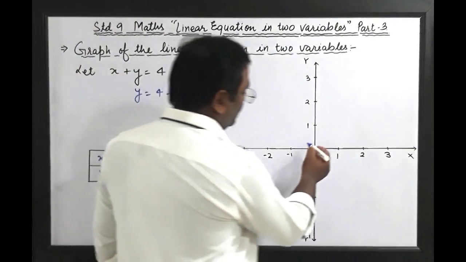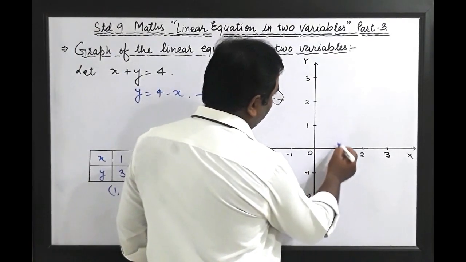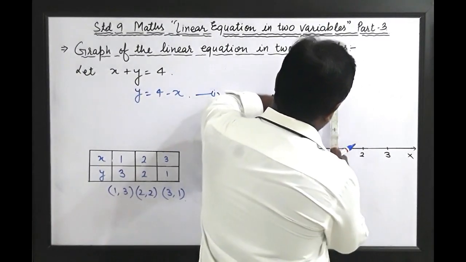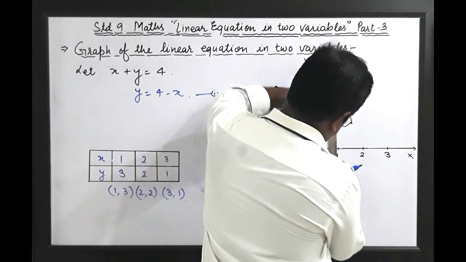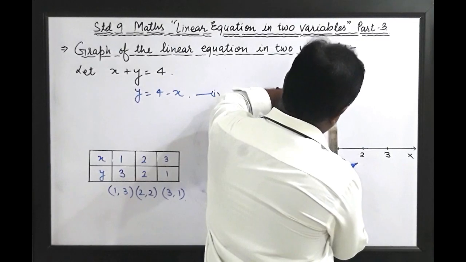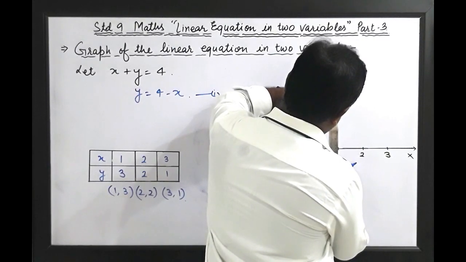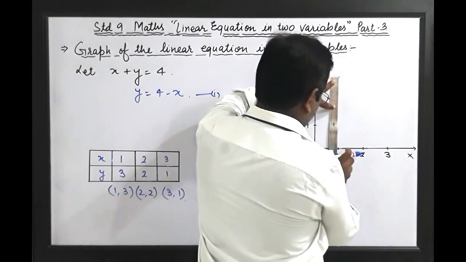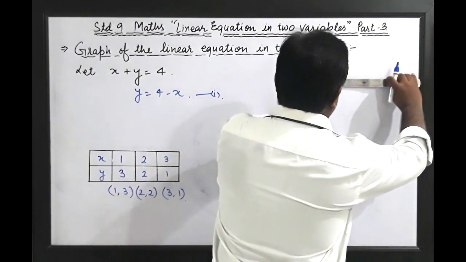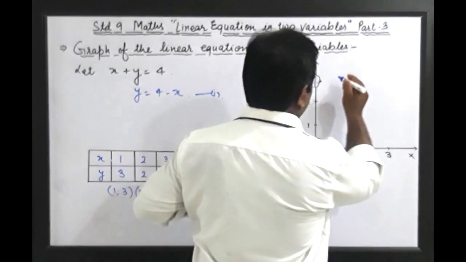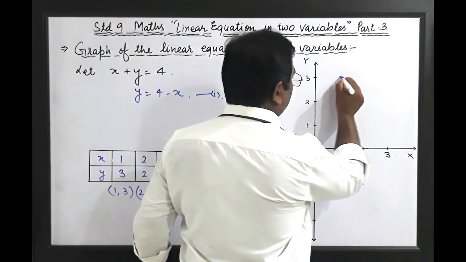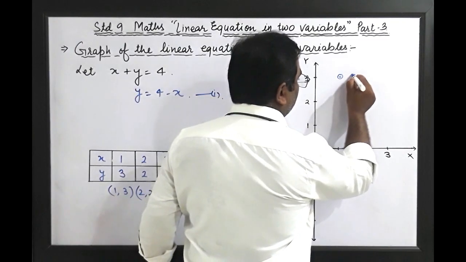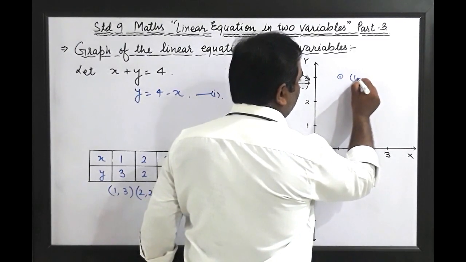It means 1 on x axis and 3 on y axis. So 1, 3 is the point, this is the point, its coordinate is 1, 3.